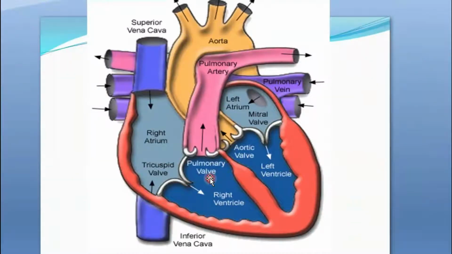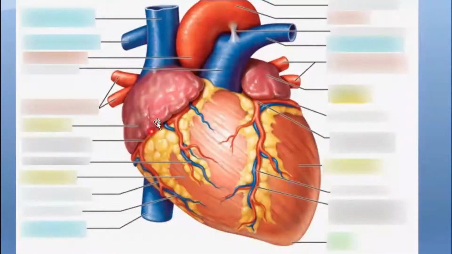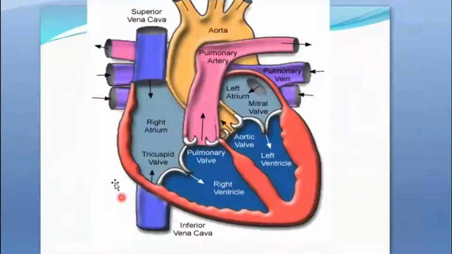Before that, we should know there is a double layered membrane which covers the heart. Do you know what it is called? This heart is covered by a double layered membrane. That double layered membrane is known as pericardium. What is it called?